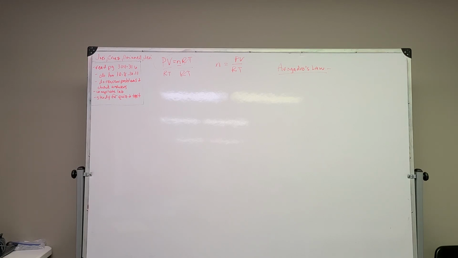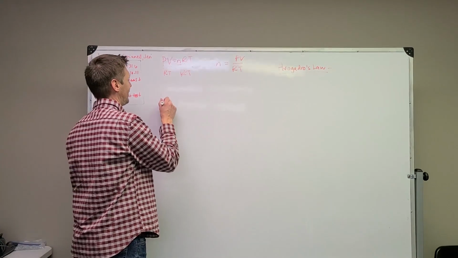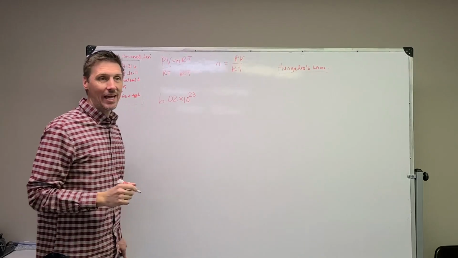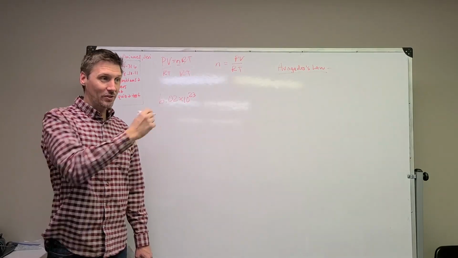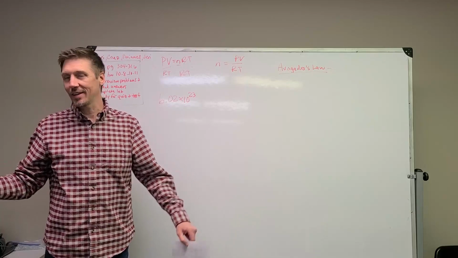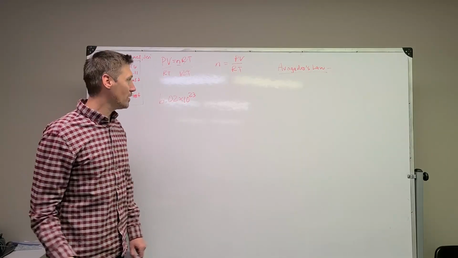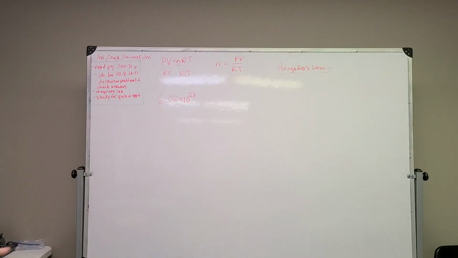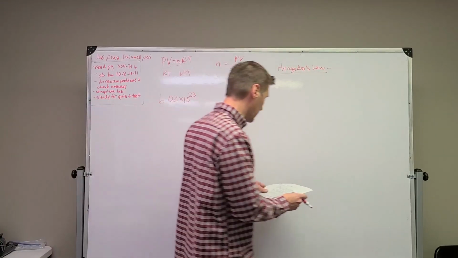He had a number. You may know what that number was. Avogadro's number is what a mole is, right? So just like a dozen is 12, a mole is 6.02 times 10 to the 23 of something. That's Avogadro's number. So his name should already be familiar to us.